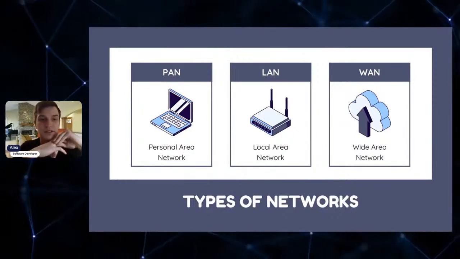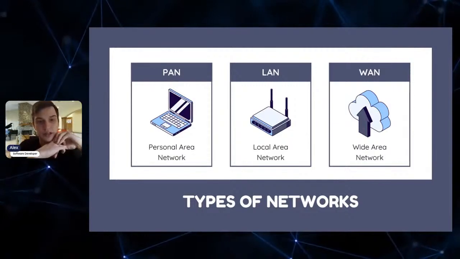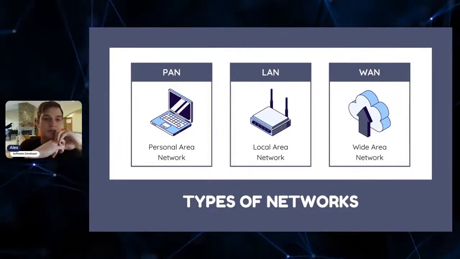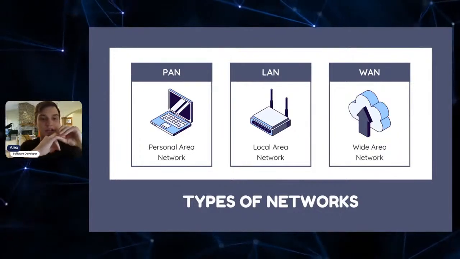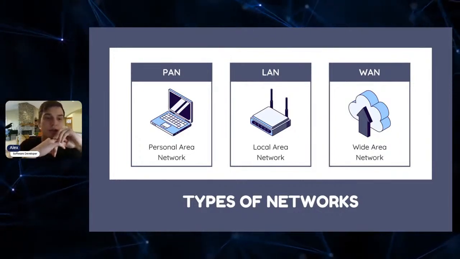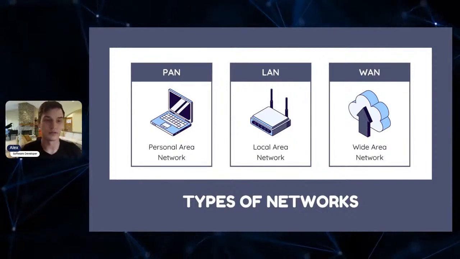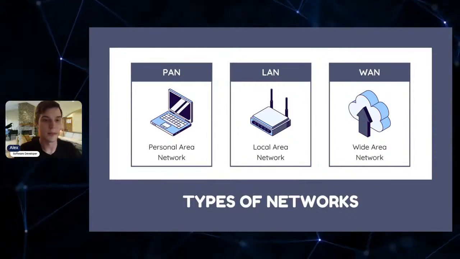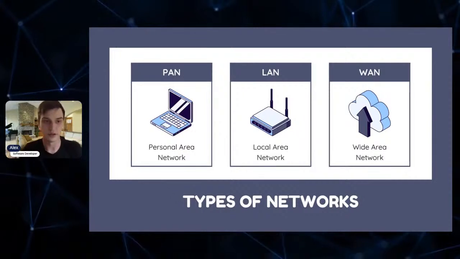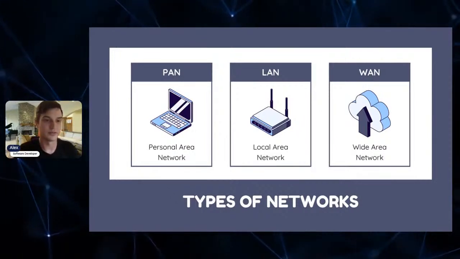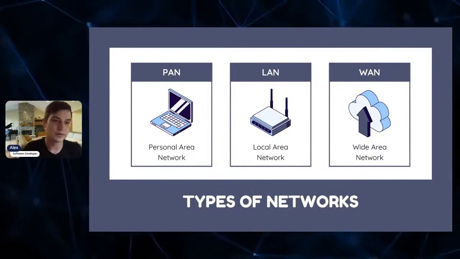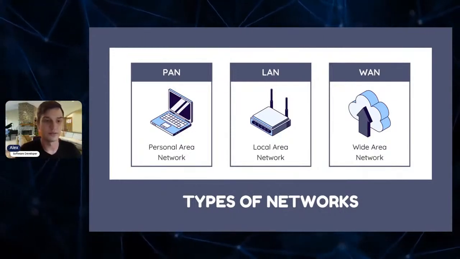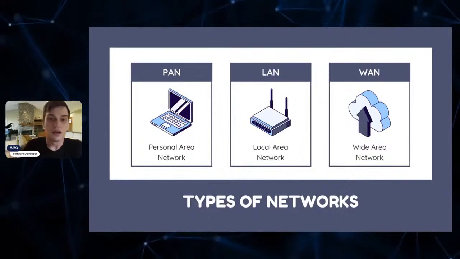But if there is some website running on your computer, you can access it not using LAN, only using the personal area network. So you connect to yourself. It's usually called localhost. If you try to put localhost in your browser, you will connect to yourself. There will be nothing because there is no website on your computer. But if there is a website, you will connect to your own website, which runs on your PC.